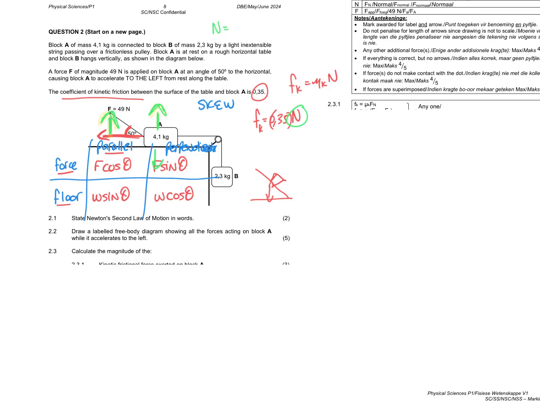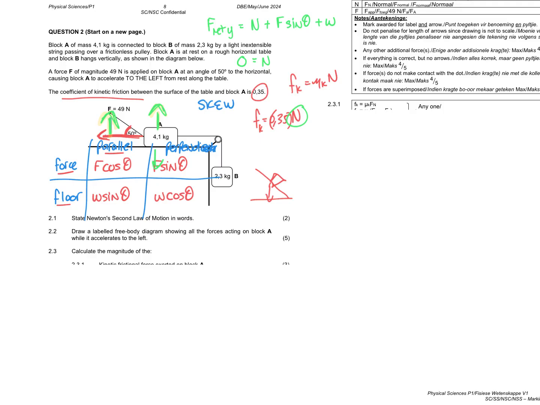The normal force, well, if you want to do it properly, the resultant force, the net force, the overall force in the y direction is equal to the normal plus the perpendicular component, which is F sine theta, plus the weight. All 3 of those. They cancel out completely because this thing is not moving up or down.